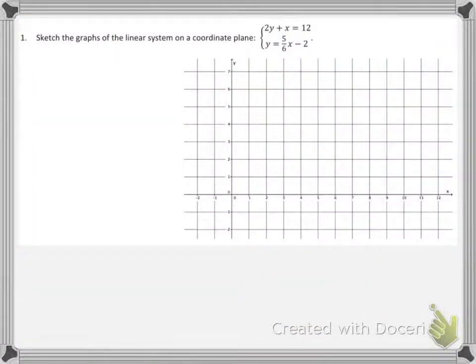Okay, we have a system of equations, or simultaneous equations, and we just need to sketch the two lines on the coordinate plane, see where they intersect, and predict what the solution to this system is.